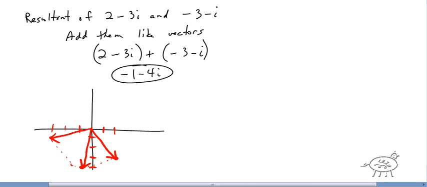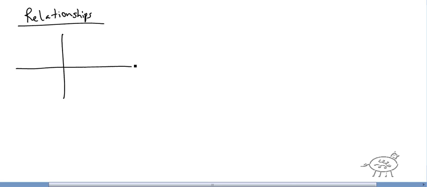All right, so let's talk about the relationships. If I make a quick sketch again, and you notice I'm making a lot of pictures, pictures are really important for this whole chapter. I'm going to draw a picture for almost every problem to convert between rectangular and polar, and there are a lot of pictures involved here.